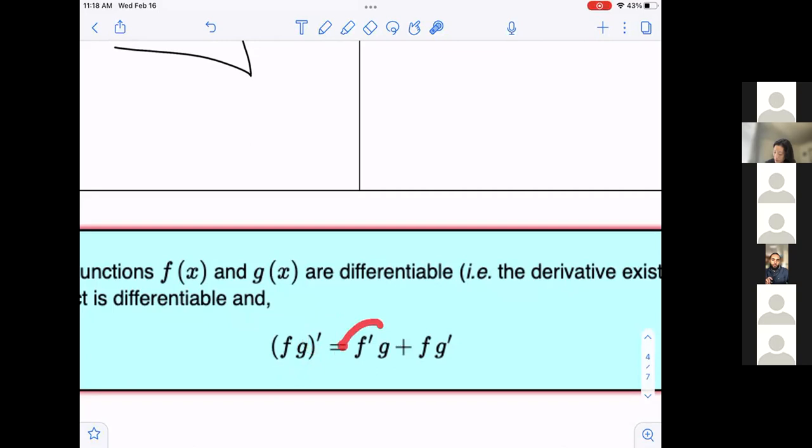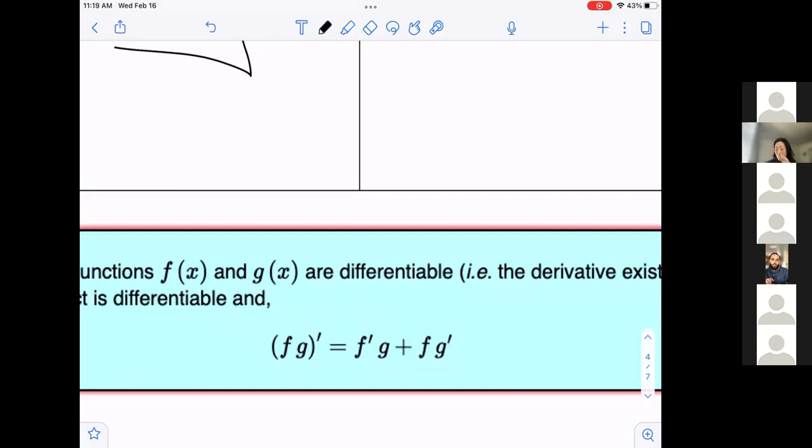You take the derivative of the first one times the second one. We didn't do anything to the second one yet. Plus the first function times the derivative of the second. Okay. And so what I like to do is make sure I set up my product rule so I know what I'm going to plug in where.